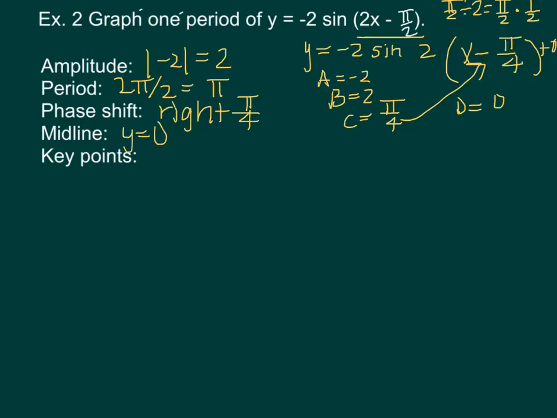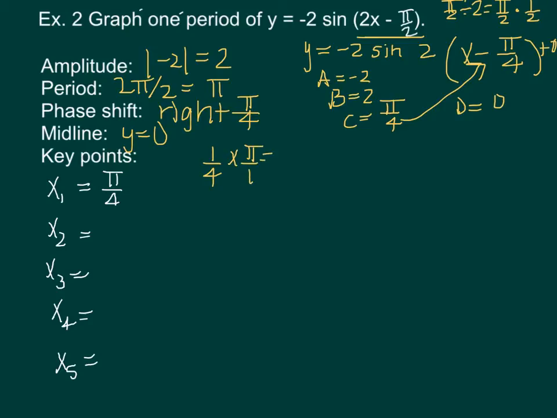All right, to get your key points, remember there are 5, and we are starting with pi over 4. And you're going to do 1/4 times your period, which is pi over 4. So each time we are adding pi over 4 units to get to the next value.